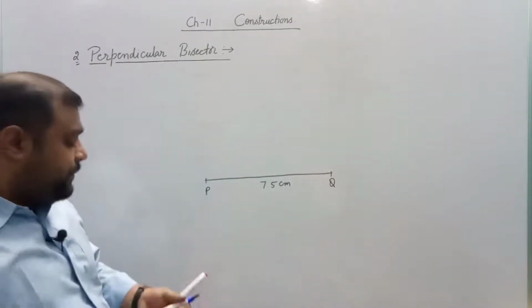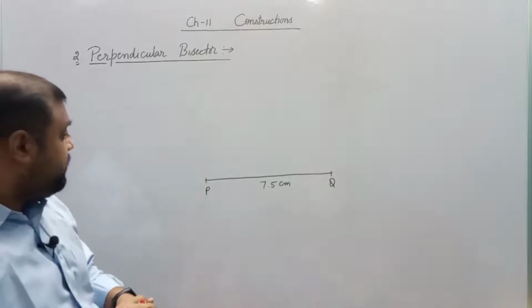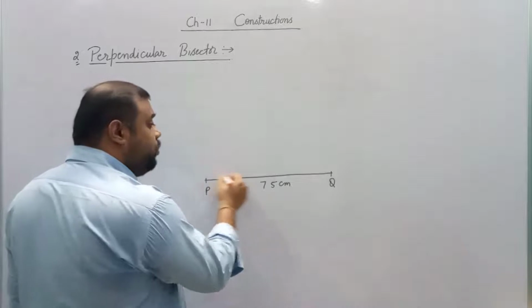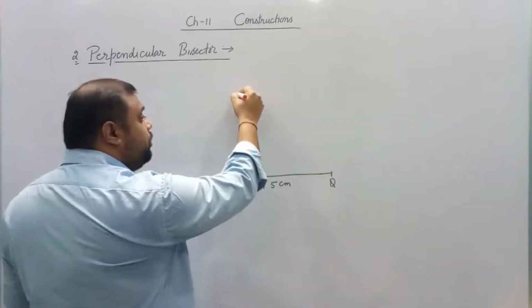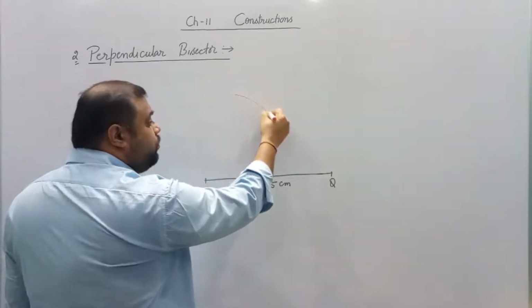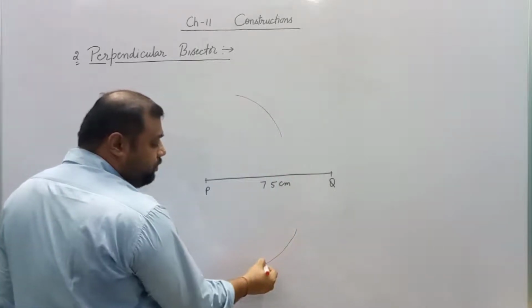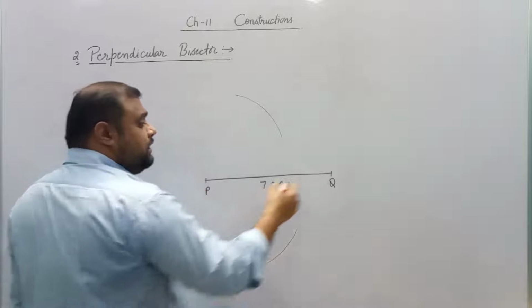Now draw its perpendicular bisector, taking P as center and more than half of PQ. Draw two arcs on both sides of the line segment.